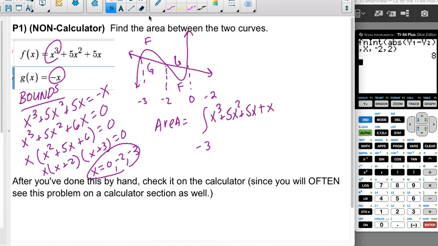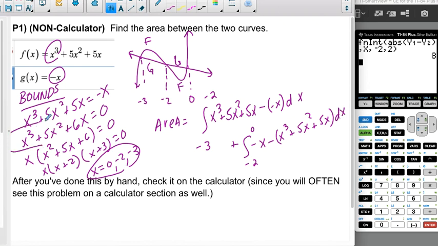So actually, we'll write it as minus a negative just to make the point, and then we'll clean it up. So minus a -x with respect to x, plus the integral from -2 to 0 of the -x minus that whole crazy thing, with respect to x. So if you clean them up, they're actually both going to look like this. One of them is just going to be negative and one of them is going to be positive.